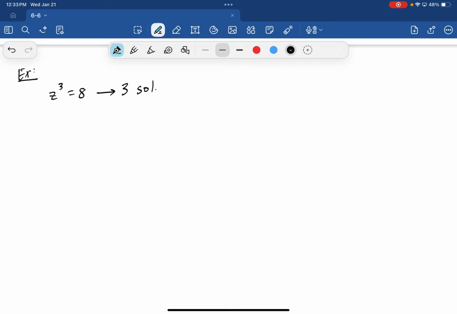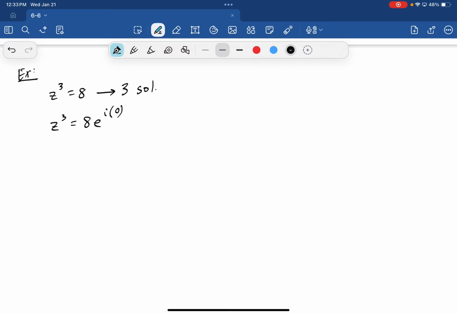So first, guys, the first step is to write the number in exponential form. So I would start like this: z cubed equals 8 times e to the power of i times 0, because e to the power of i 0 is just 1, and so 8 can be written in that format.